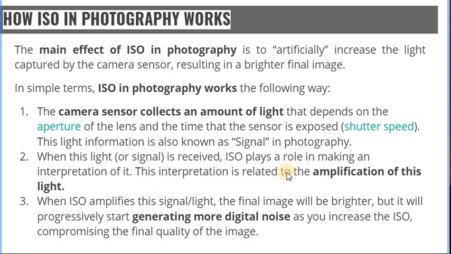This interpretation is related to what we call the amplification of this light. Ito yung nakikita nyo na AMP sa mismong camera. When ISO amplifies the signal or light, the final image will be brighter, but it will progressively start generating more digital noise as you increase the ISO. Kaya siya nagiging noise kasi parang hindi siya nagiging sharp ang image. So, compromising the final quality of the image.